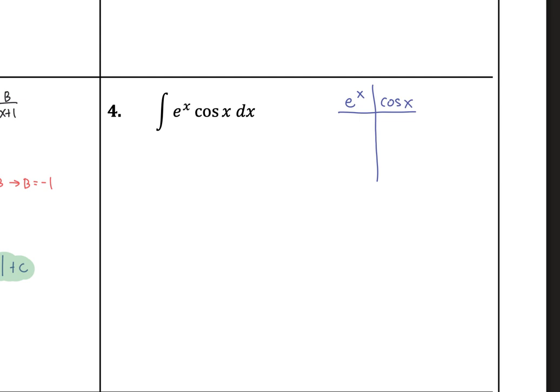Okay, and we'll just do it, wait, let me think. We'll do e to the x, y, so that. Yeah, we'll do it like twice. So derivative, derivative, and then integral, like that. And then we'll do integral, like that.